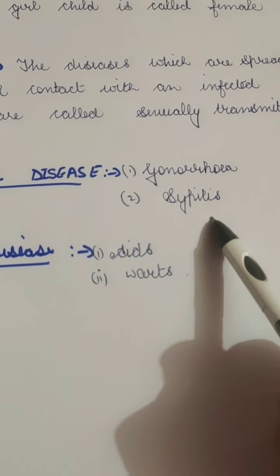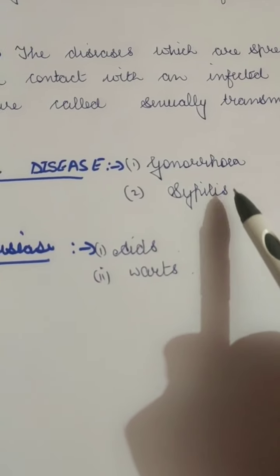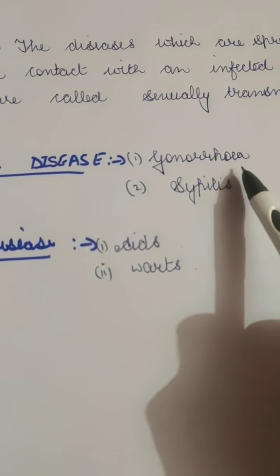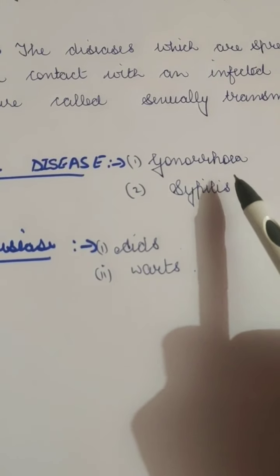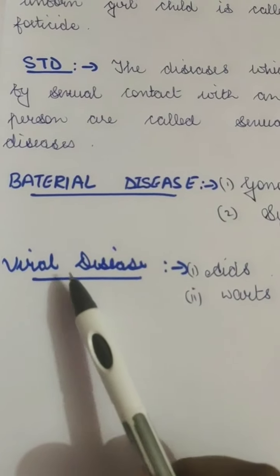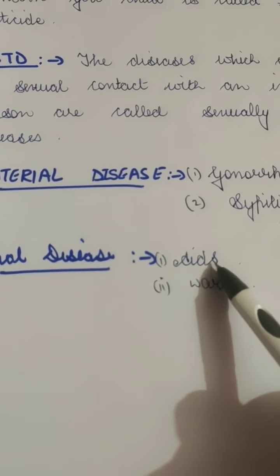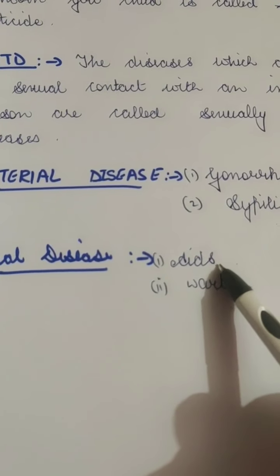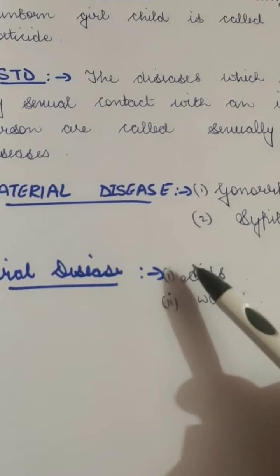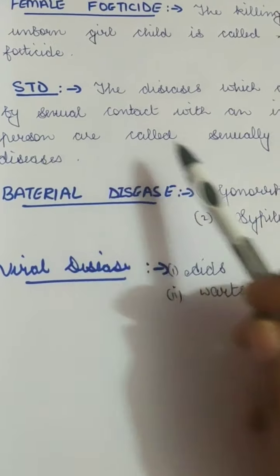They cause a burning sensation in urination, and even a urethral discharge which contains some pus, which gets very problematic, and there are sores in the genitals. The other type is viral disease: AIDS and warts. Warts is curable, but AIDS, which is caused by the HIV virus, is not curable. So these are the diseases caused by sexual contact.